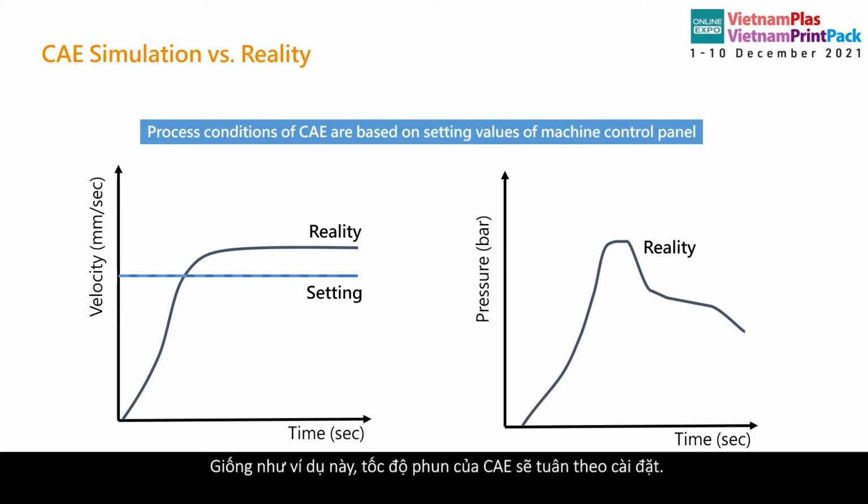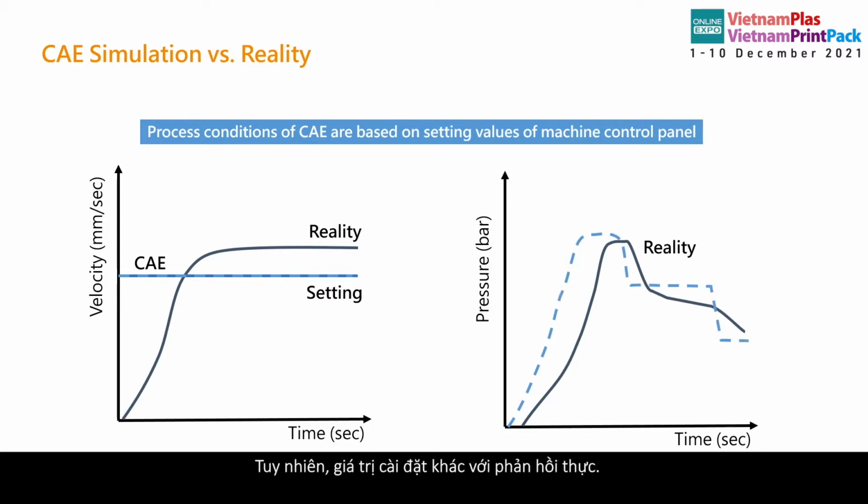Like in this example, the injection speed of CAE will follow the setting. However, the setting value is different from the real response. So the pressure curve of the CAE simulation will be far from reality.